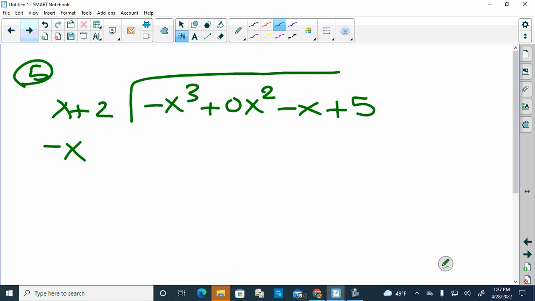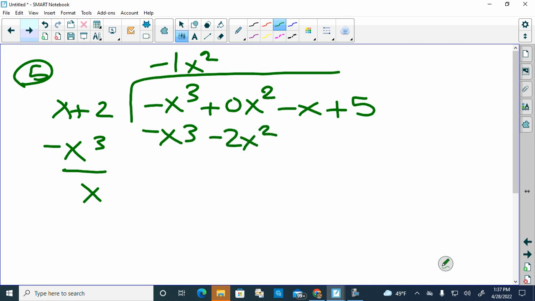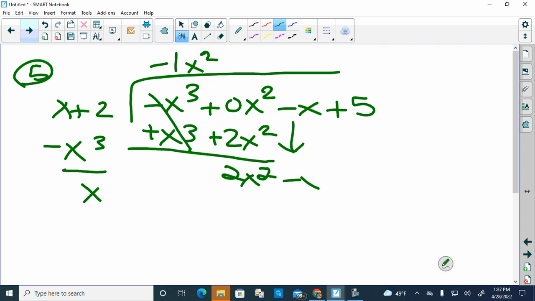Okay, so negative x to the third divided by x. So it's really a negative 1 divided by 1, which would be a negative 1. Subtract. So we distribute it back. And that would make it a negative 2x squared. And then you switch. That goes away. That comes straight down. Next one comes down. Start over. So 2x squared divided by x.